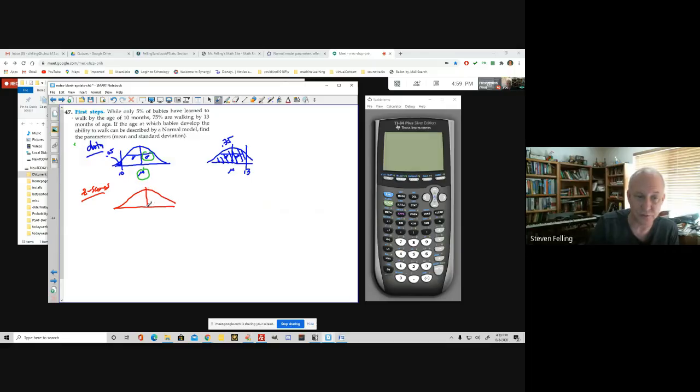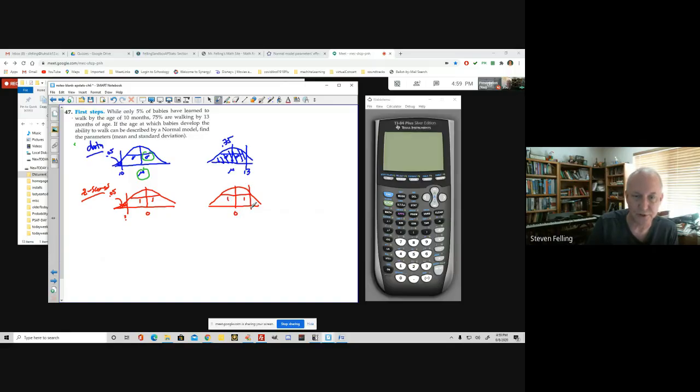Now, with z-scores, we always know the mean and standard deviation because it's 0 and 1. If I put a line at that same boundary, where this is 5% of the data, I could use inverse norm to figure out what that value is. And I could also use inverse norm over here to figure out what this other value is. So for z-scores, I know this is 0 and 1.